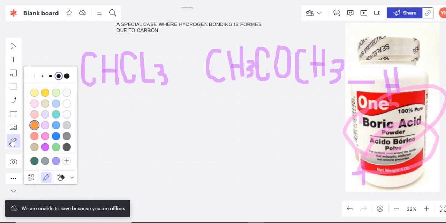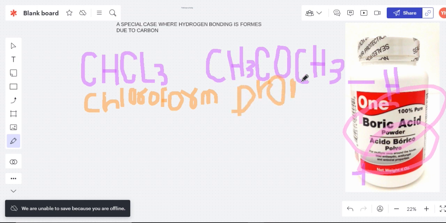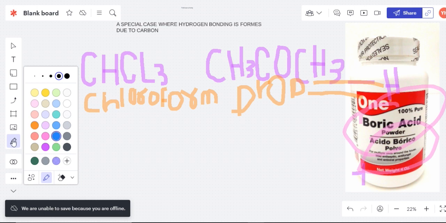So let's take this color. You can appreciate chloroform, and this is propanone. I'm writing a short form here so that you can know the name. So how does it create a structure? We create a structure something like this.